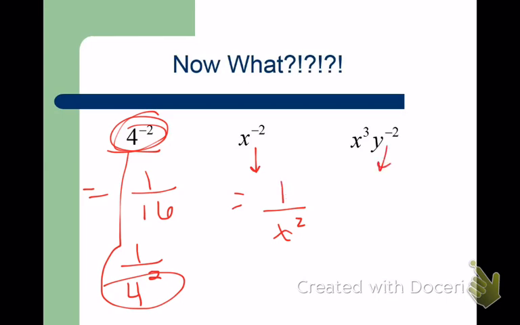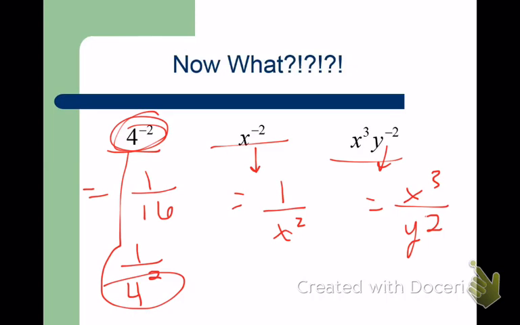Same thing would happen here. Since the y is the only base that has a negative exponent, it's the only one that's going to move. The x to the third would still stay in the numerator, and so you'd have x to the third over y squared for this last one. If you're asking yourself where the denominator is, remember we can always make anything a fraction by putting it over 1.